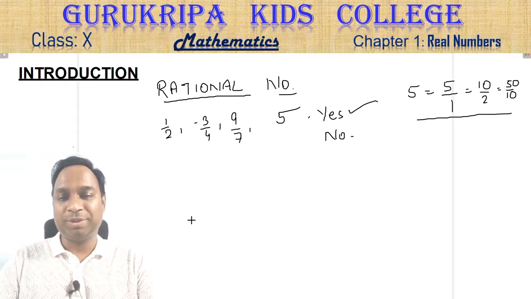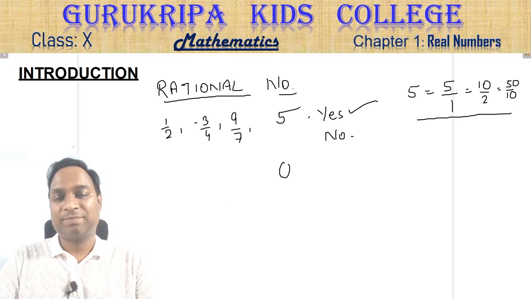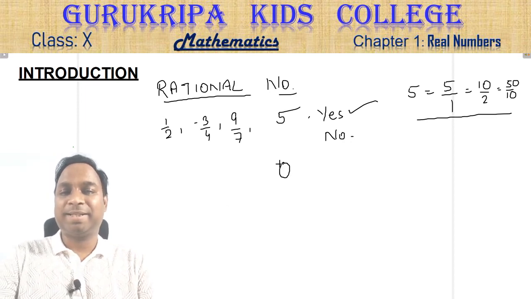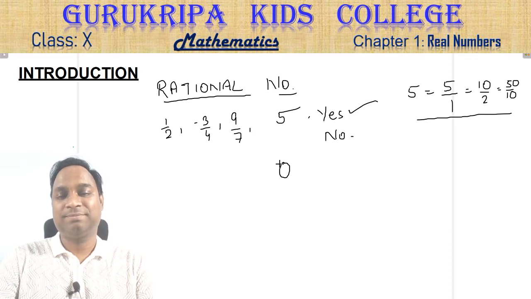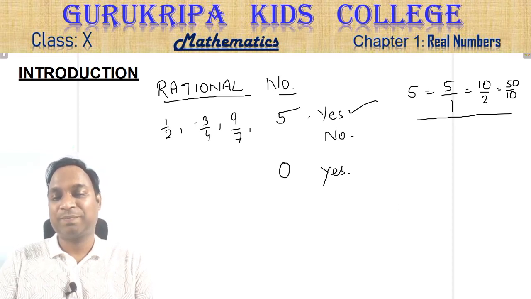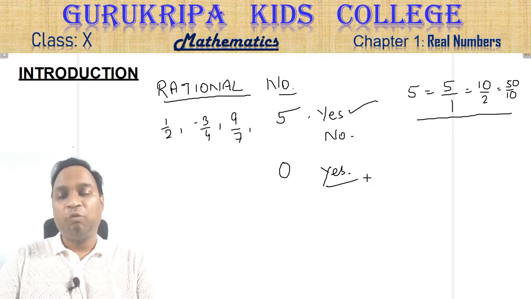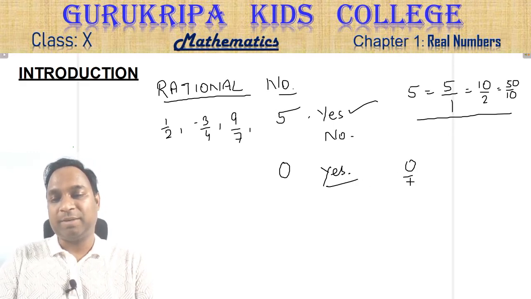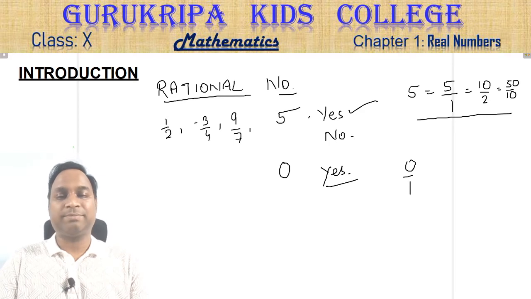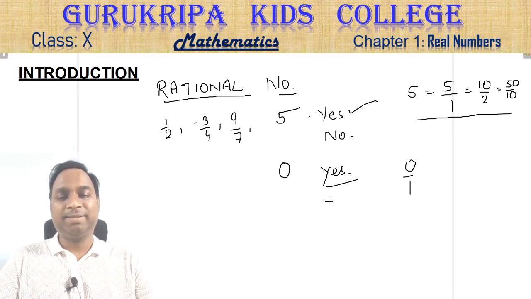So what do you think about 0 now? Is 0 a rational number? Yes, this is also a rational number, but how? We can write 0 as 0 divided by 1, and that makes it a rational number.